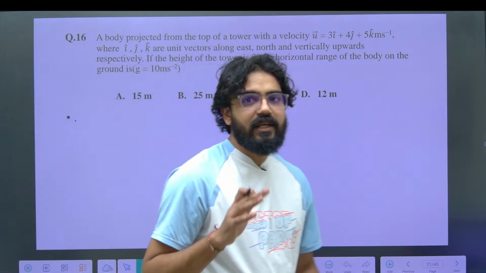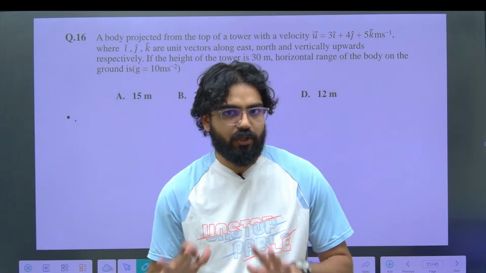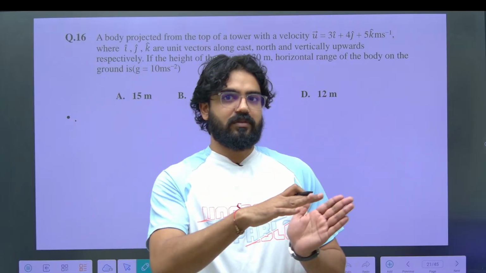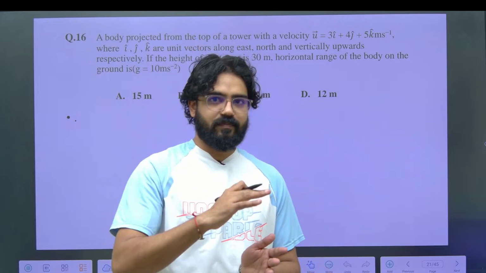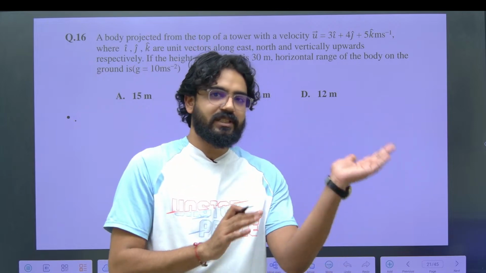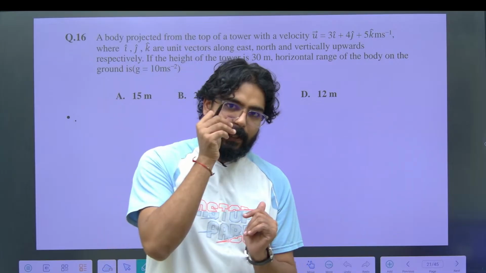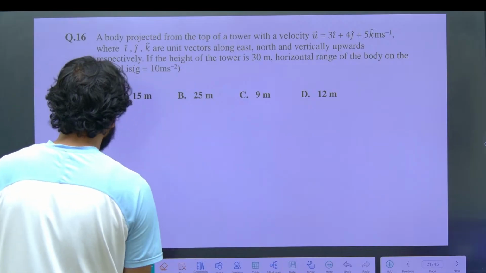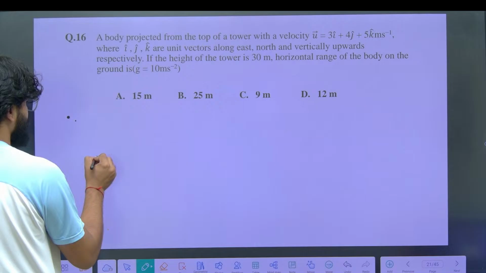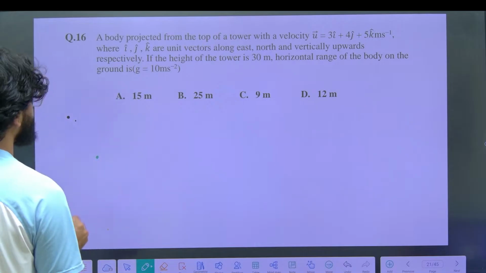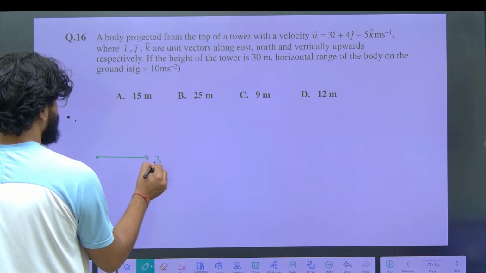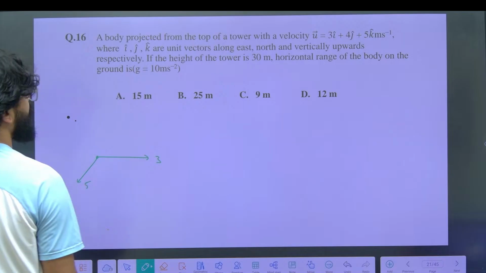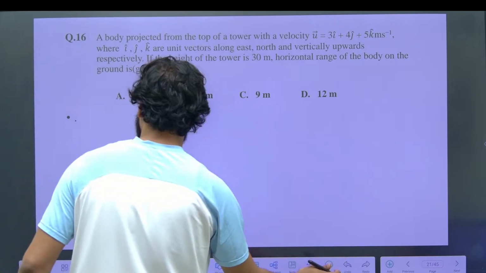Do you know this, that east, west, north, south, they are in the horizontal plane, right? North is not up, they are in the horizontal plane. Okay, so I will try my best to make the 3D diagram. So it is saying 3 over here, and let's say 4 over here.